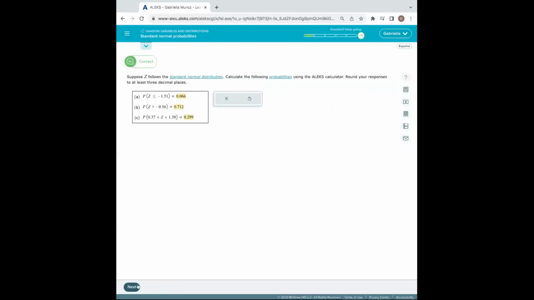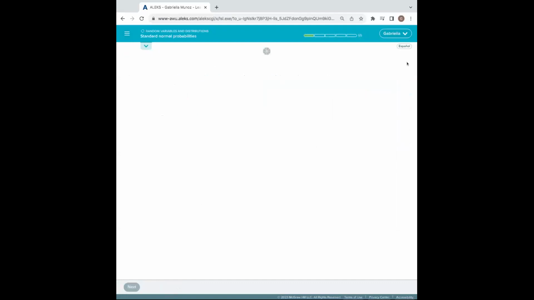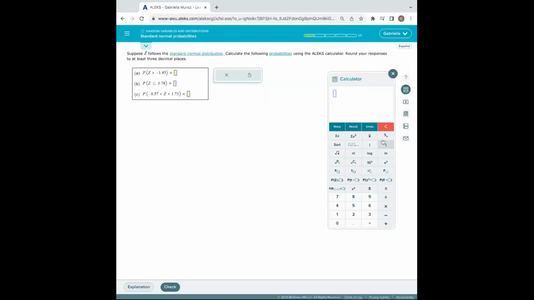All right, good job. All right, so for part A is a 1 minus because it's a greater than. So whenever it's greater than, do the 1 minus. Yes, exactly.